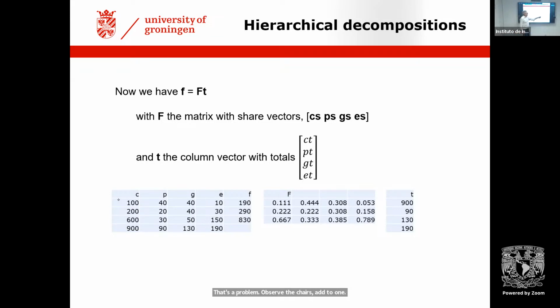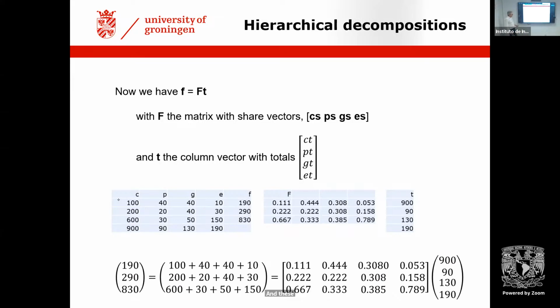And these are the totals. Now, in that case, I can write final demand here, 190, 290, and 830, as the matrix F times the totals.